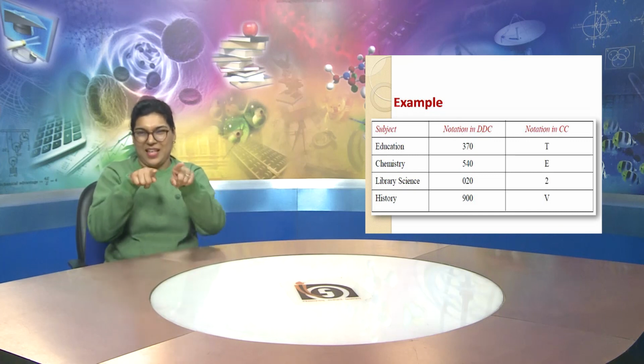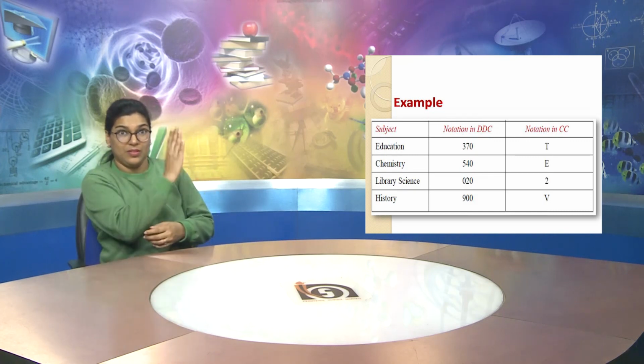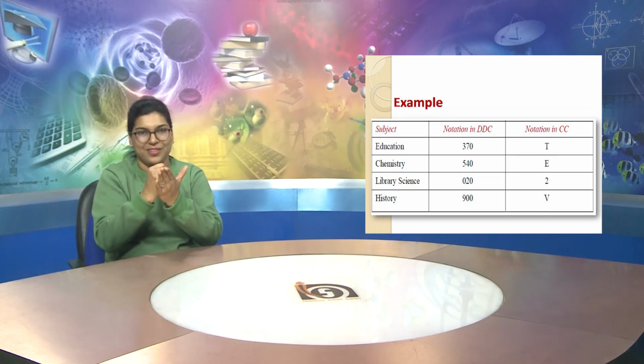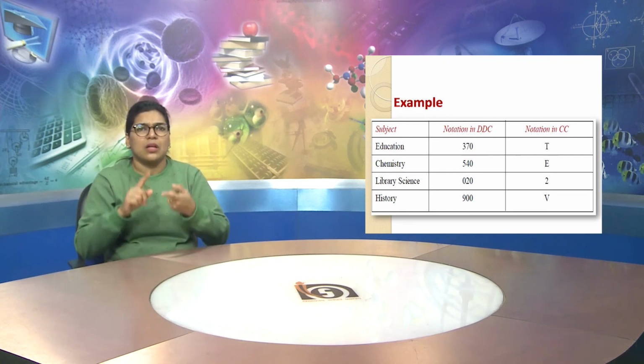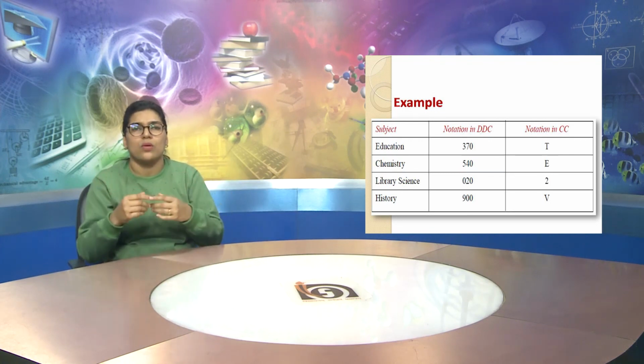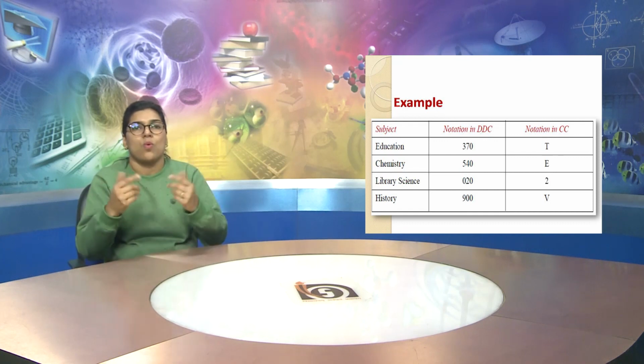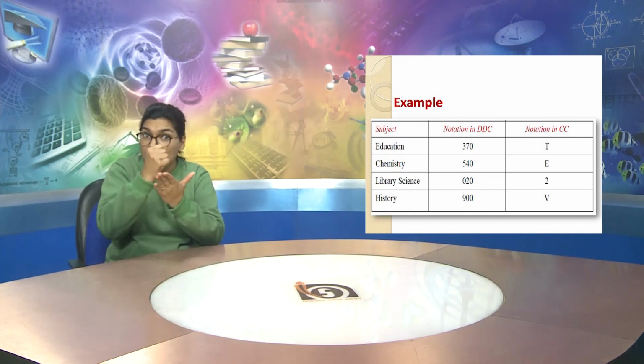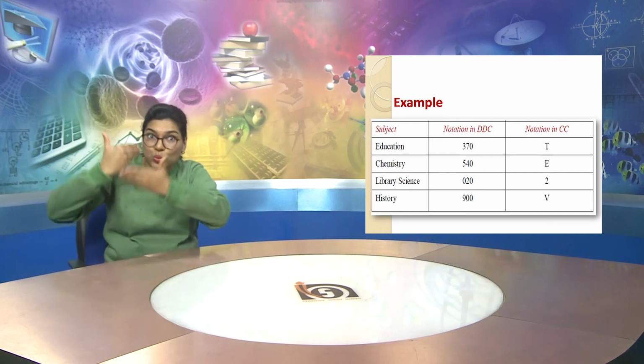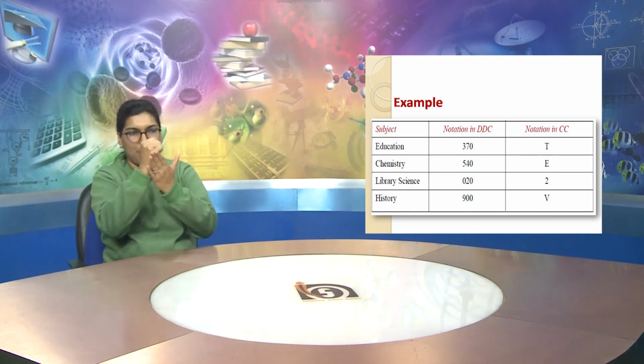Now here on screen you can see examples. On one side, in one column, you can see the subject's name. The subjects written are education, chemistry, library science, history. You all must be aware of different subjects.